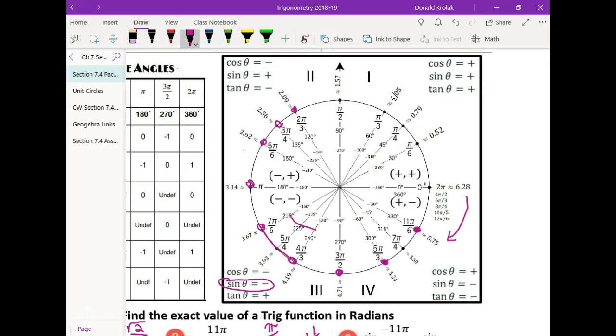This size slice, I'm counting. It's like I cut the bottom half of the pizza into 6 slices, and the top half of the pizza into 6 slices. So when I go 11 slices this way, I got 11 slices of pi over 6.